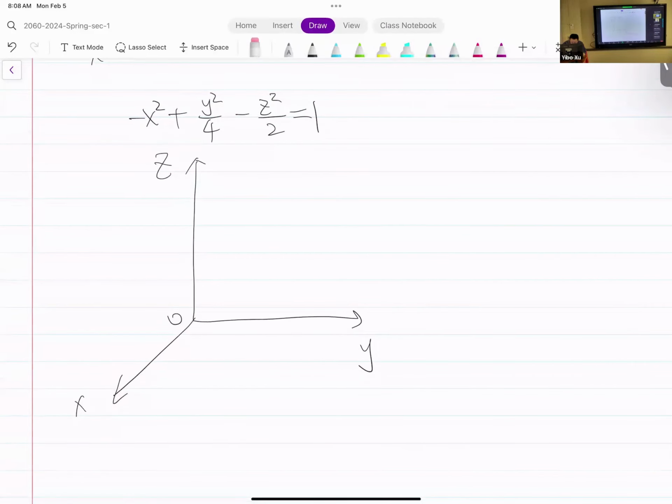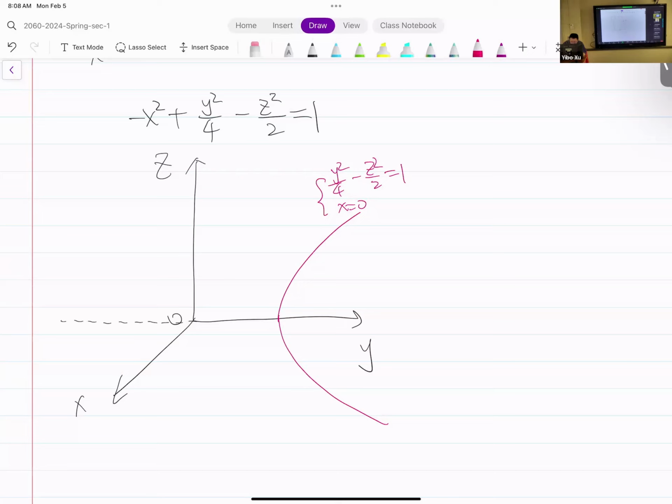We have y squared over 4 minus z squared over 2 is 1. So this is a hyperbola that's opening along the y direction, right? So y is always greater than or equal to 2 in terms of the actual value, right? Z could be 0. And of course, this is the negative side.